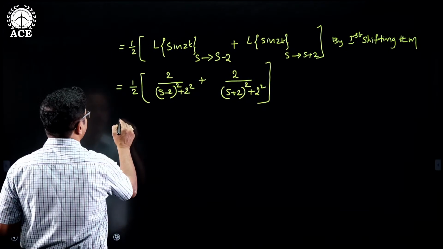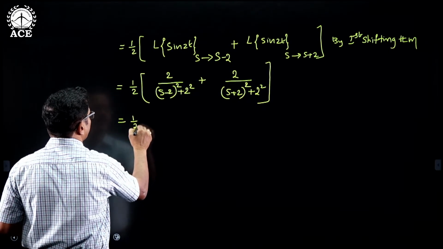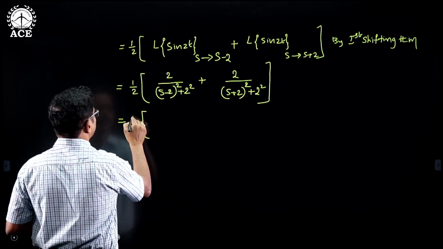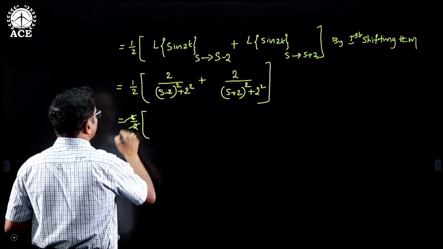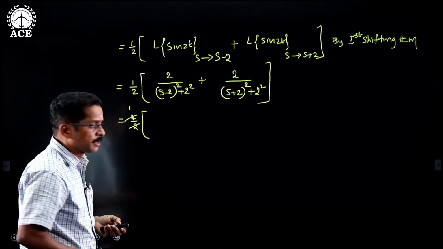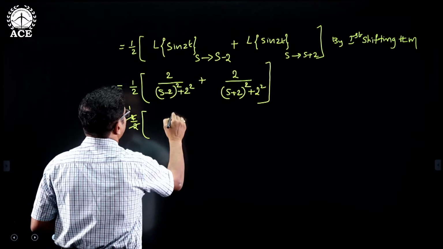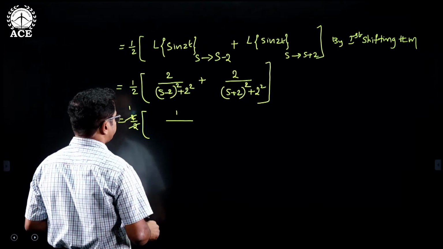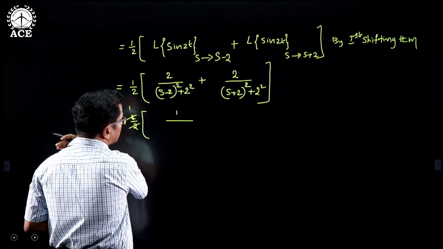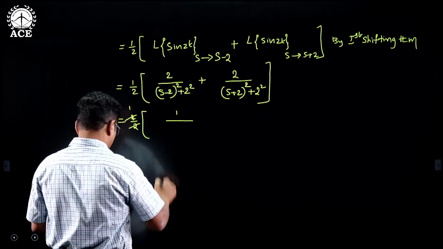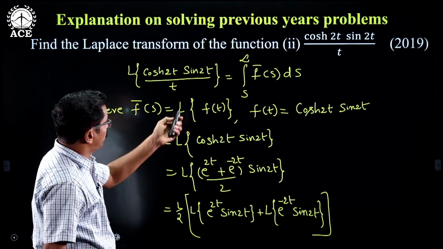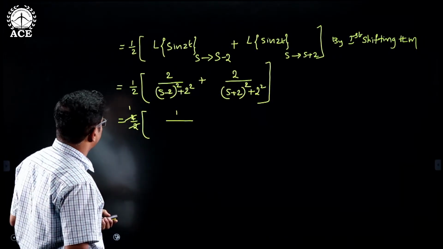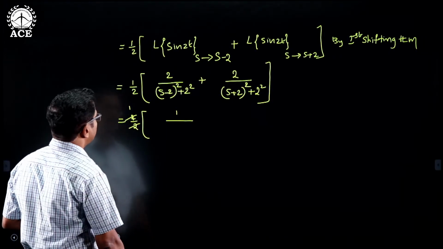So which is equal to 1 by 2, you can take 2 common, so that 2 gets cancelled. If you simplify this, what do you get? Actually what is required here? So this is required, so better keep it like this only.